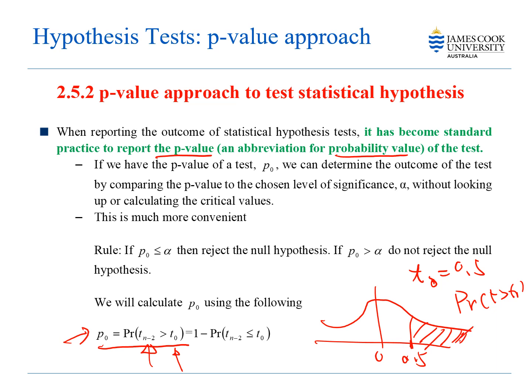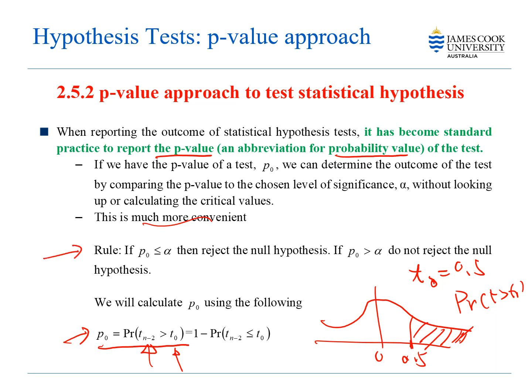In such a case, we can determine the outcome of the test by comparing the p-value to the chosen level of significance, without looking up or calculating critical values. This is much more convenient.